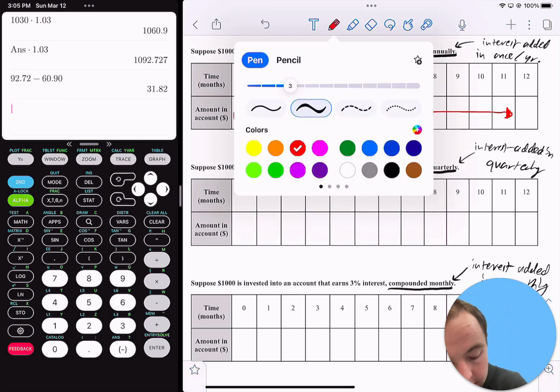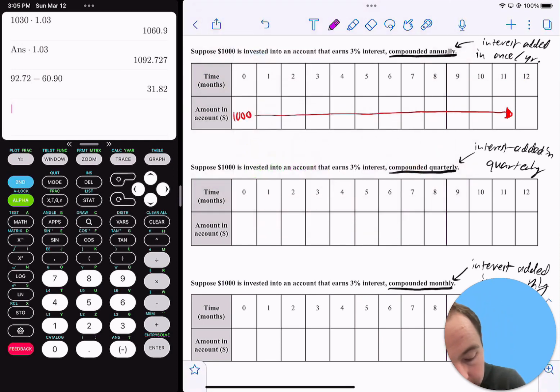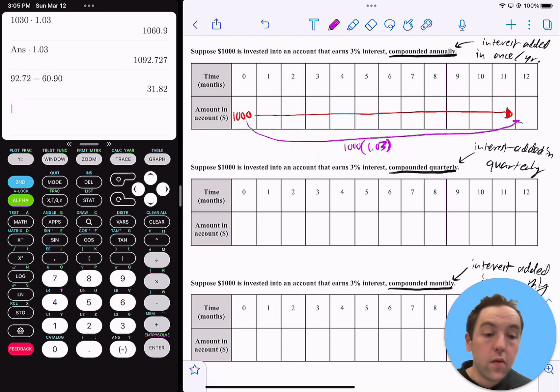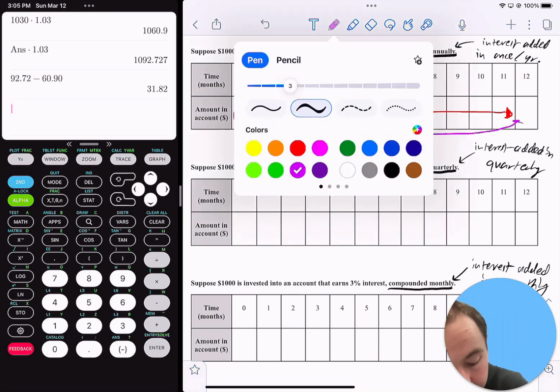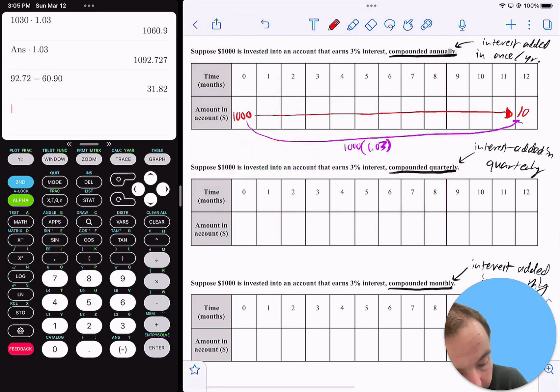There should be a 3% increase of the $1,000. So to go from 1,000 to right there, we take $1,000 and multiply it by 1.03 to make it become 103% of itself. That becomes an ending balance of $1,030 at the end of that year.